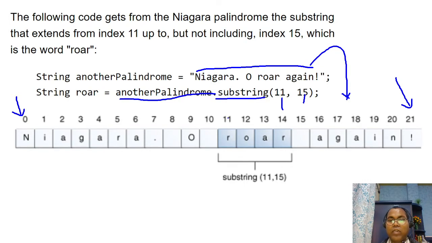Say the starting position is 11 and the end position is 15. The end index 15 is not included, so we go from 11 till 14.